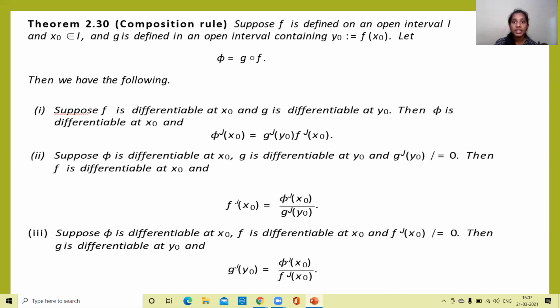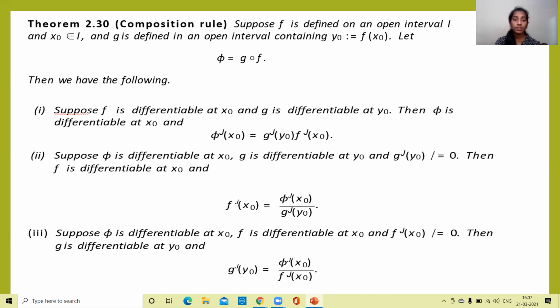Suppose f is defined on an open interval I and x naught belongs to I, and g is defined on an open interval containing y naught such that f of x naught equals y naught. Let phi equal g composed with f. Then we have, suppose f is differentiable at x naught and g is differentiable at y naught, then phi is differentiable at x naught and phi dash of x naught equals g dash of y naught into f dash of x naught.